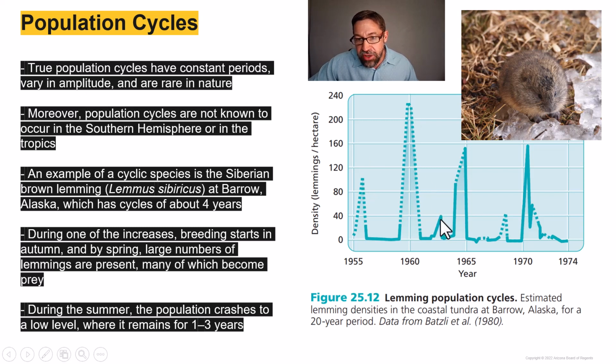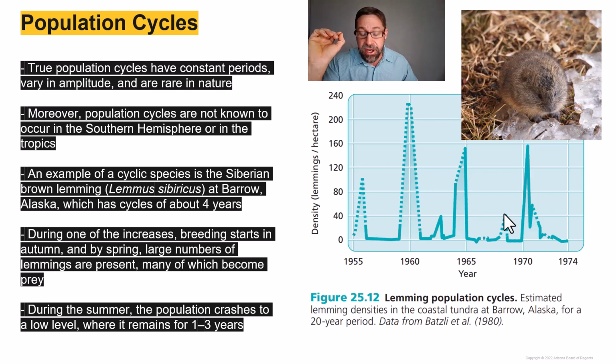So the constant period between these spikes in population abundance. Population cycles are not even known to occur in the southern hemisphere, at least they haven't been detected yet, or in the tropics.